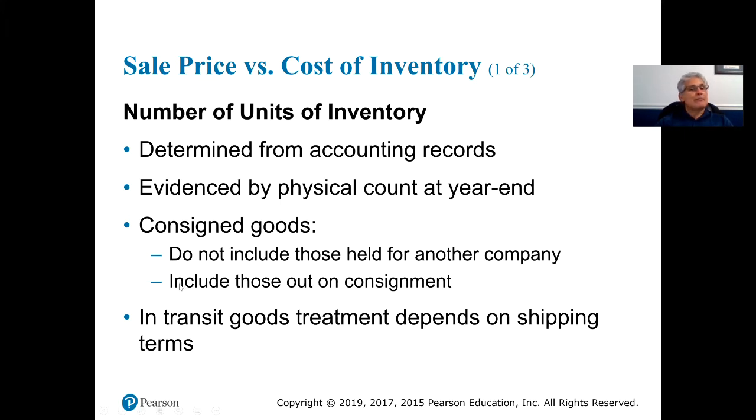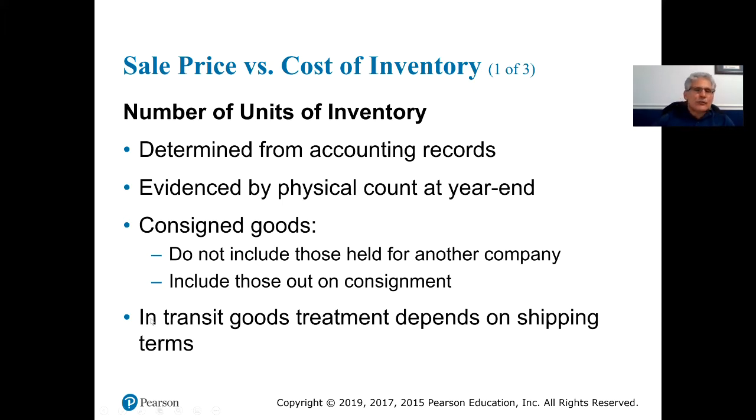Now, if your company puts product out on consignment, in other words, you send your product to a merchandiser and show it on their floor, if they haven't paid you for it, it's still not their product, it is still your product. So you're going to make sure that even though you may have product out on consignment, it is on your books as your inventory.